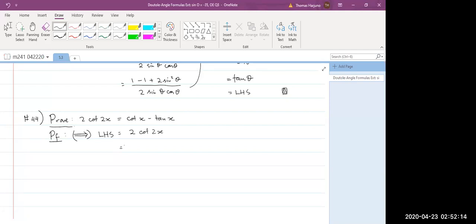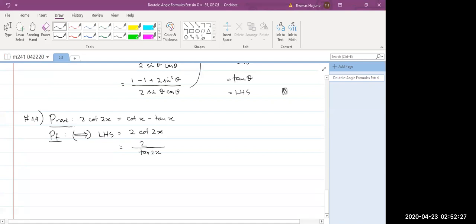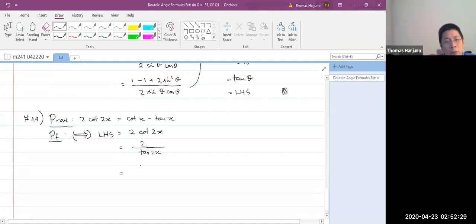Tangent. So we can rewrite this as 2 over tangent 2x. Is it right? Yes. Okay, now we use the formula: tangent 2x will be 2 tangent x over 1 minus tangent squared x.